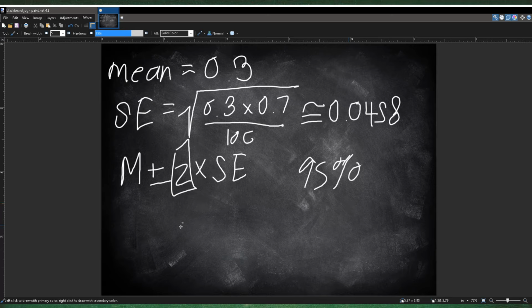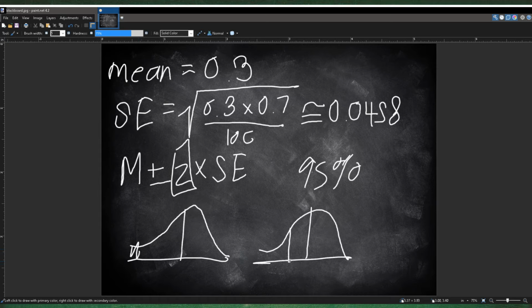since it's symmetric at both sides, this side and this side are symmetric, so this and this have to be equal.